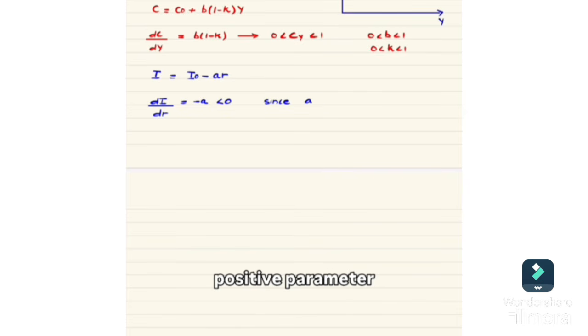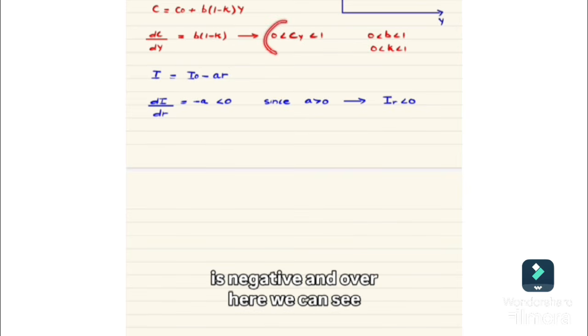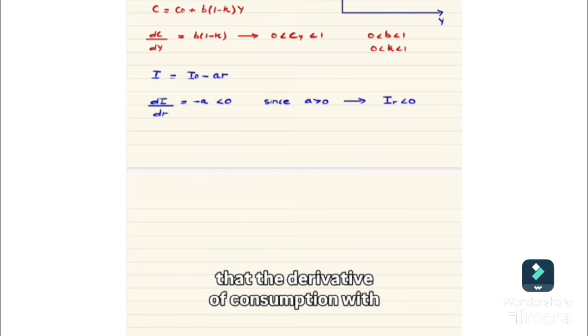So in conclusion, the derivative of I with respect to R is negative, and the derivative of consumption with respect to income lies between 1 and 0.